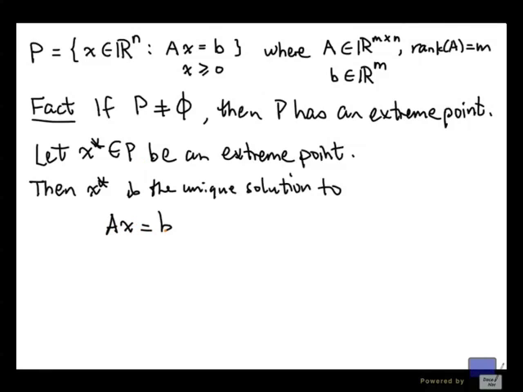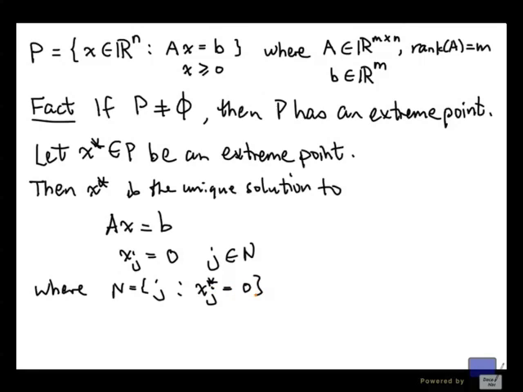Well, obviously x* has to satisfy Ax = b with equality, and then we have these constraints where N is a set of indices j such that xj* is equal to 0.